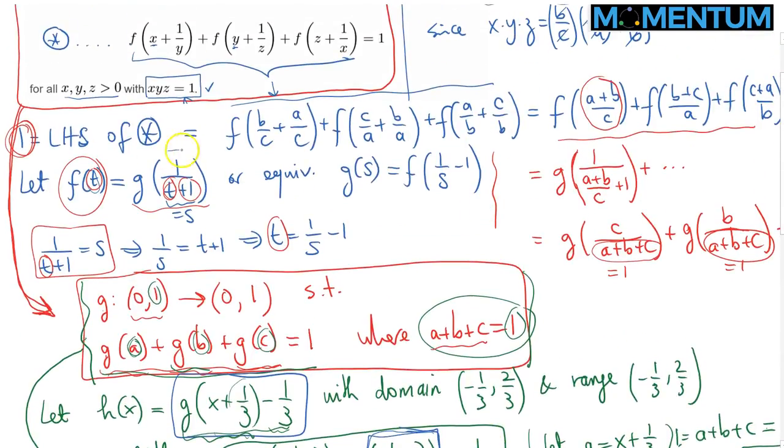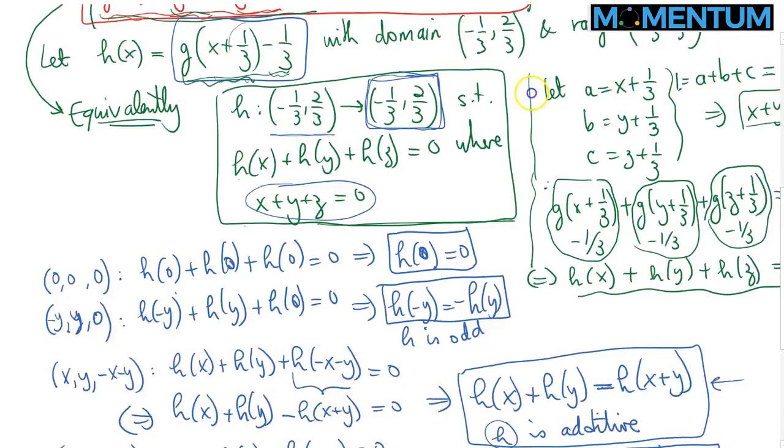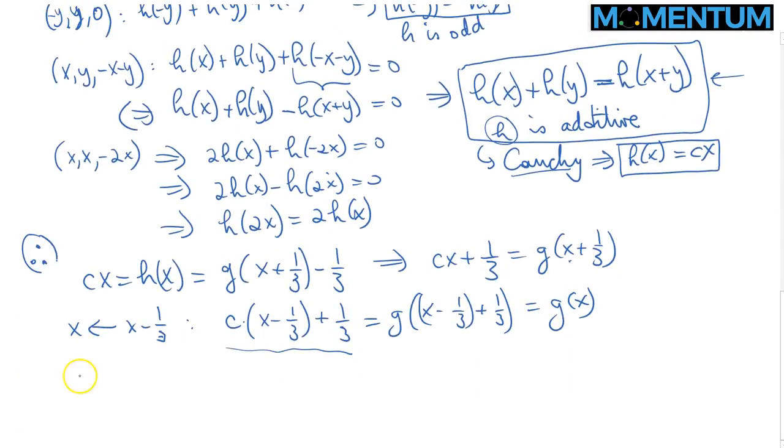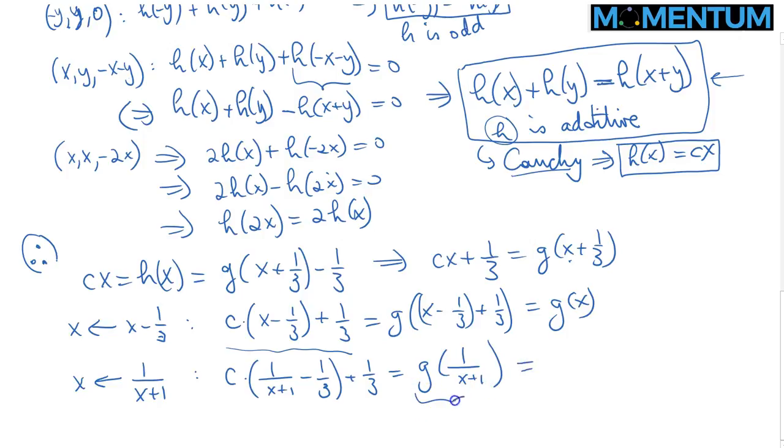Now finally, one more time, we go all the way up. Remember how f is defined based on g, so we can make the following substitution. Replace x this time with 1 over x plus 1. Wherever you see x, just replace it with 1 over x plus 1, so c times 1 over x plus 1 minus 1/3 plus 1/3 is equal to g of 1 over x plus 1. But hey, this is just f of x, right?